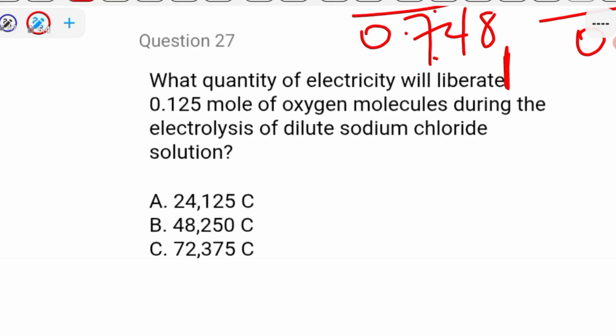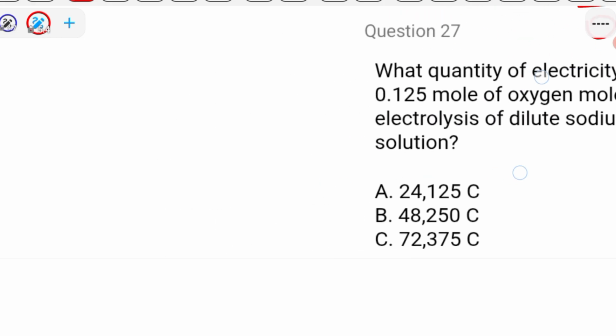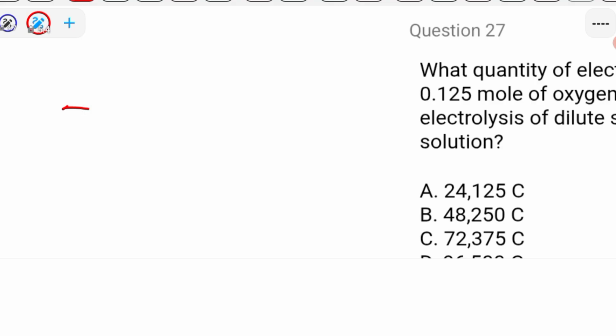Next one. What quantity of electricity will liberate 0.125 mole of oxygen molecules during the electrolysis of dilute sodium chloride solution? Anytime oxygen is given off in electrolysis, just use 4 moles of electrons, because the equation is like this. The hydroxide is what is liberated.